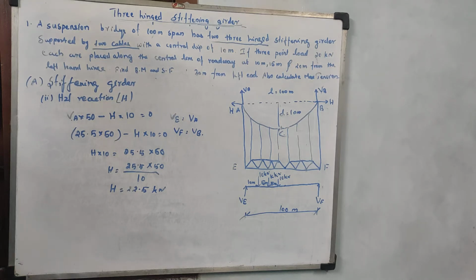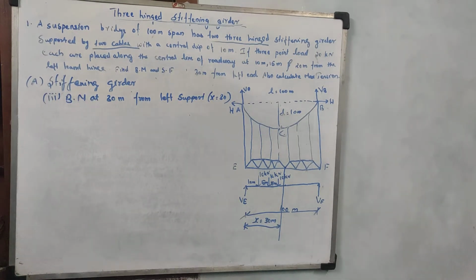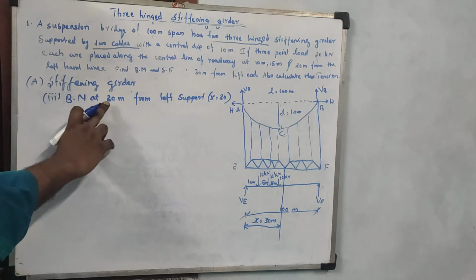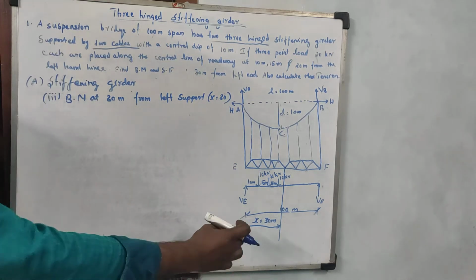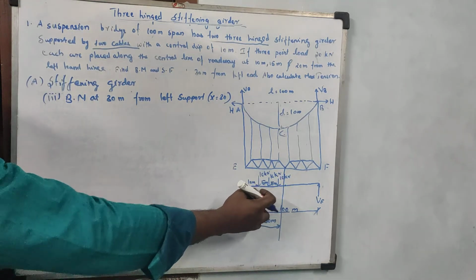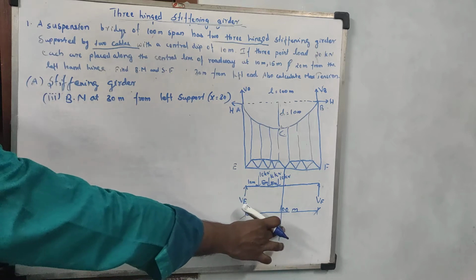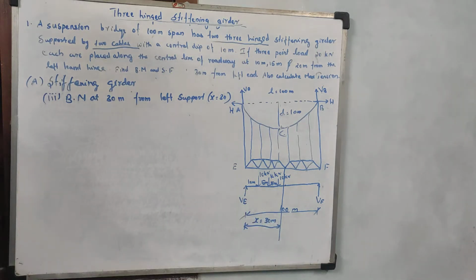Next we have to find the bending moment at 30 meter from the left support. Here x equal to 30.